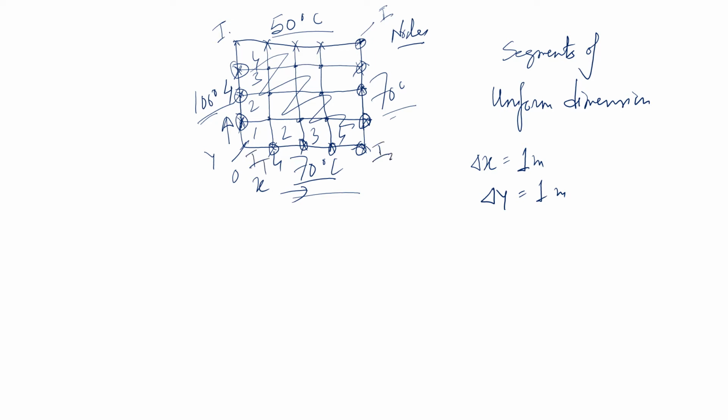So these 4 points we are ignoring, and all the other points, the points which are at the edge, are at the edge temperature. But these points, this point, this point, this point, these 9 nodes or 9 points, we do not know the temperature at these.